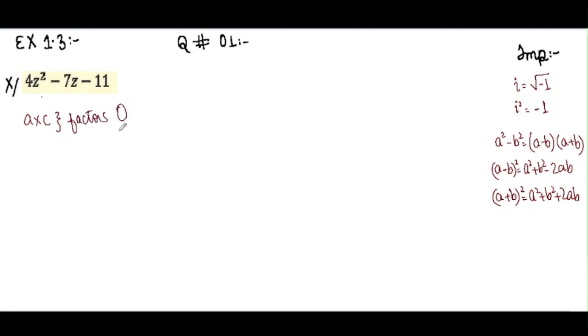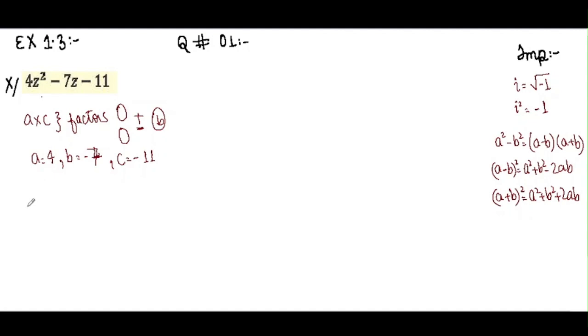Those factors are, there are two factors which are added and subtracted to make b. Okay, here a is 4, b is minus 7 and c is minus 11.